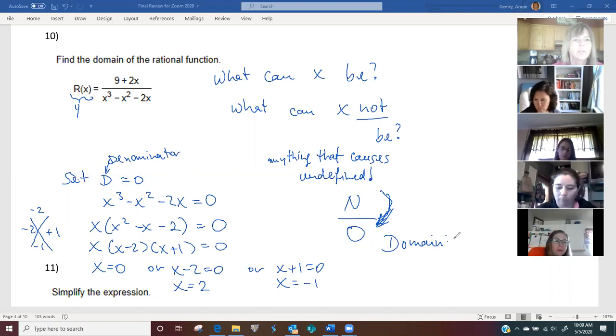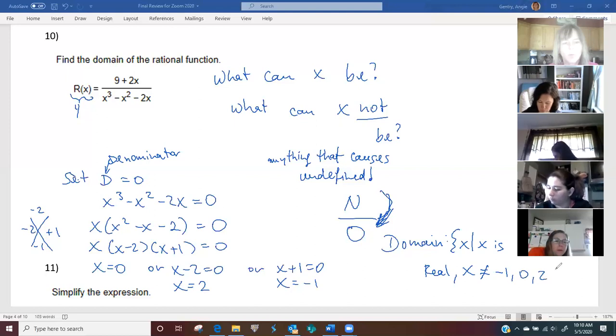But the domain is x such that x is real. It has to be a real number. And x cannot be, and you can put them in order or not, the computer won't care, negative 1, 0, or 2. And then in my math lab, it should have a spot where you just put those values in.